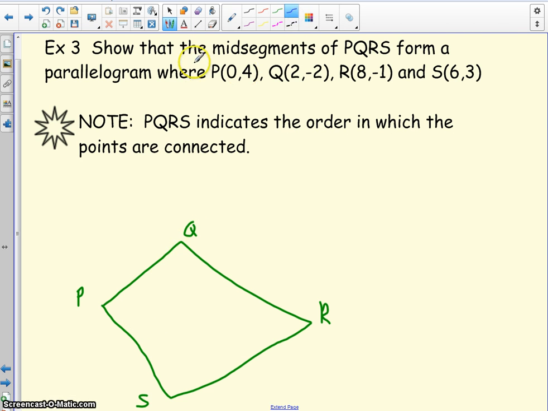Now, hopefully from doing your homework earlier on in this unit, you know what a mid segment is. A mid segment is just a line segment connecting midpoints. And they have to be adjacent midpoints.